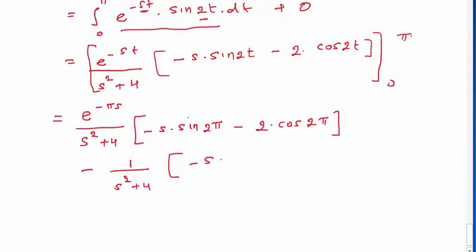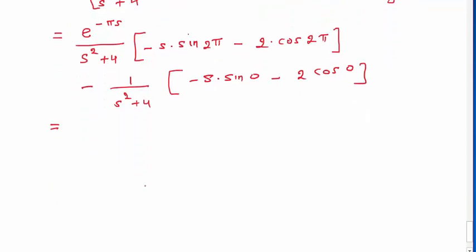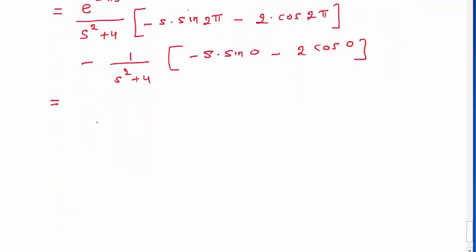Then here in bracket minus s into sin 0 minus 2 into cos 0. This will give me answer as e power minus pi s upon s square plus 4. Sin 2 pi is 0, so this answer is 0, minus 2 cos 2 pi.